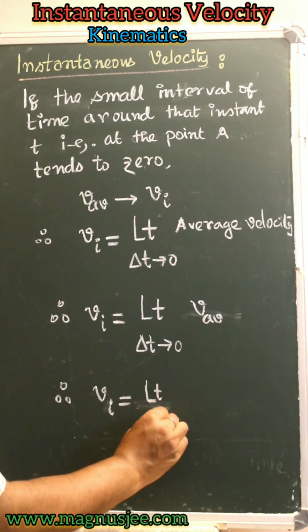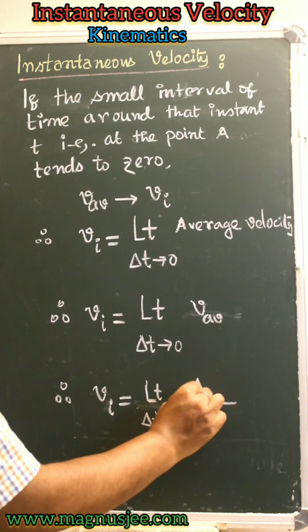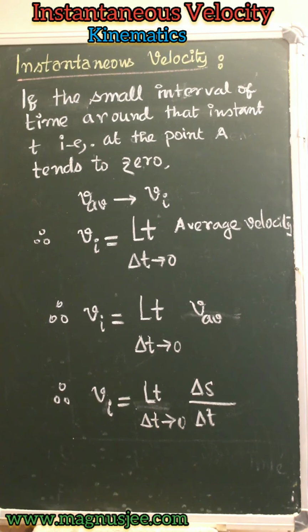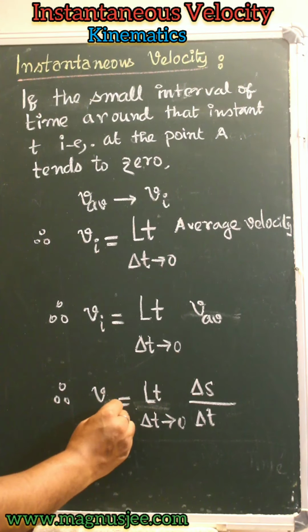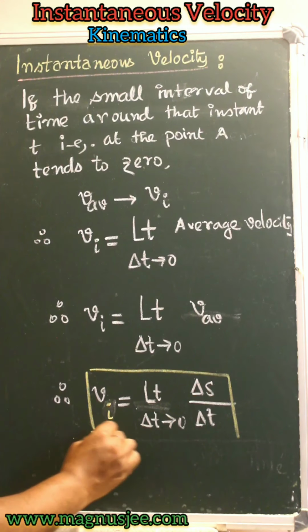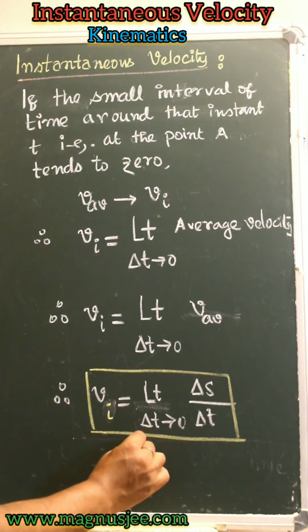Delta t tends to 0 means the interval of time is very small, and in place of Vav, the average velocity, we can write delta S by delta t, where delta S is a small displacement and delta t is a small interval of time. This is the expression of instantaneous velocity of the object at that instant t, or around that instant t.